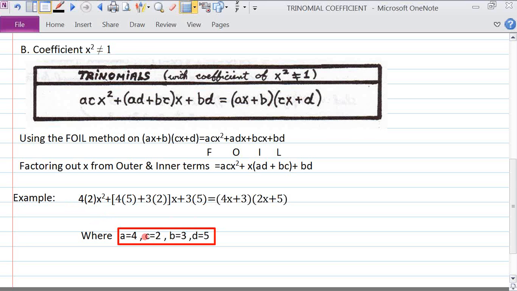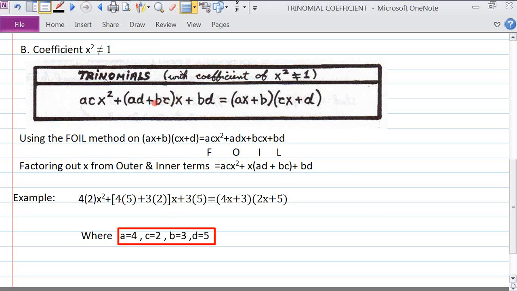So AC is 4 times 2, x squared, plus, now here I'm going to write A times D, so A times D is 4 times 5, plus BC, BC is 3 times 2x.